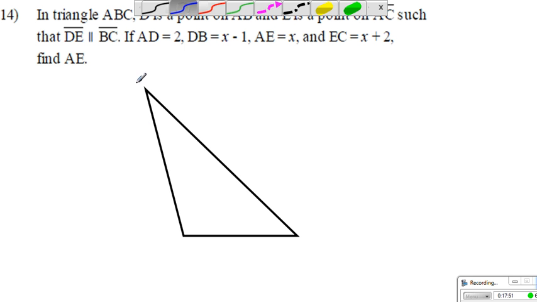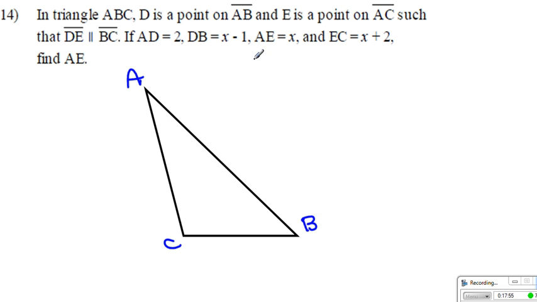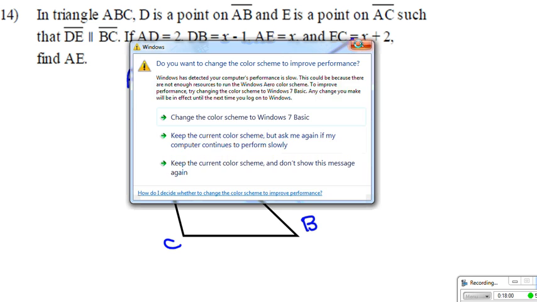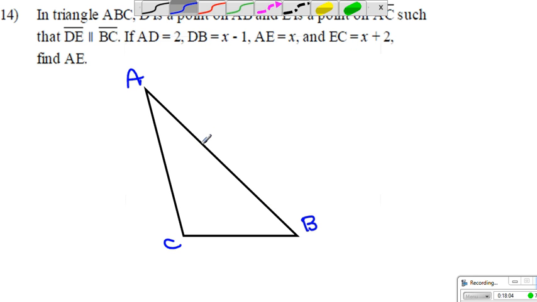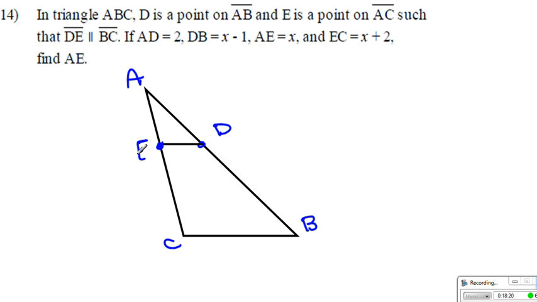So DE, if I call this one ABC, D is on point AD, so DE is on point AB and E is on point AC.